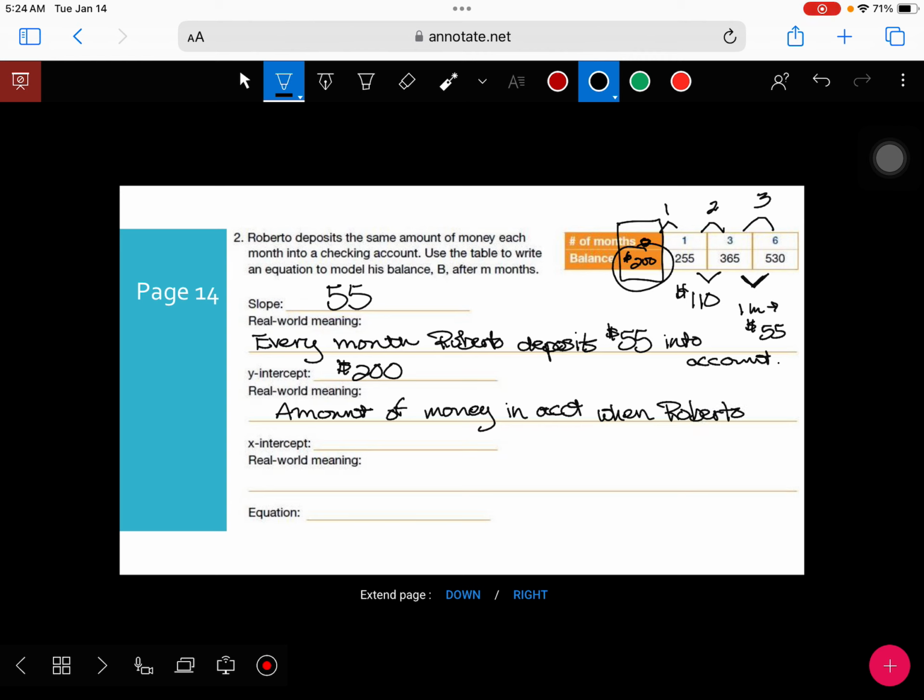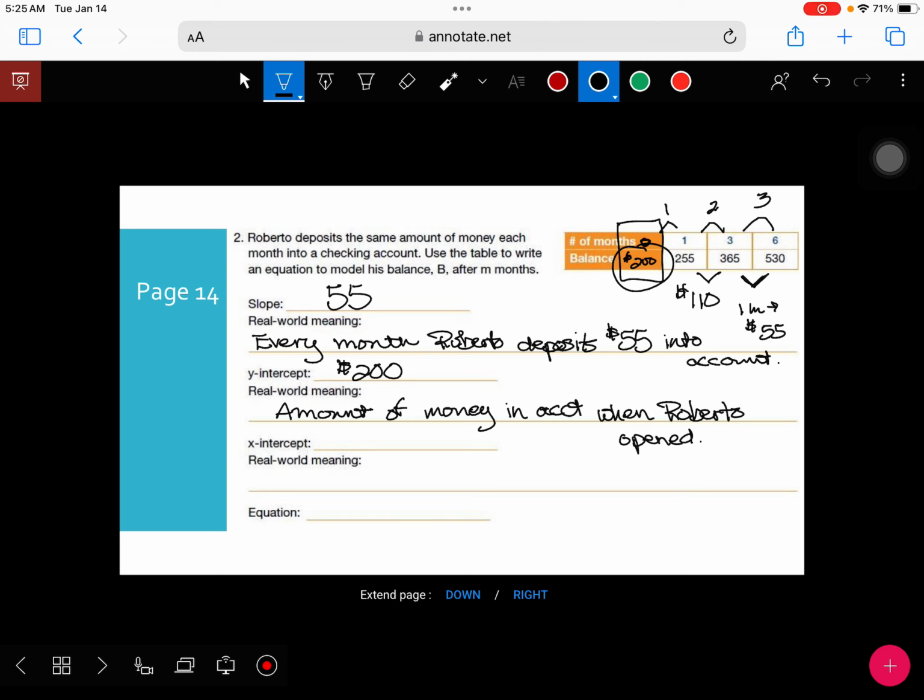So he initially either put in his own $200 or someone gave him some initial money, maybe for graduation or something, and he deposited that $200. And then after that, he continues to add to that an amount of $55 every month.